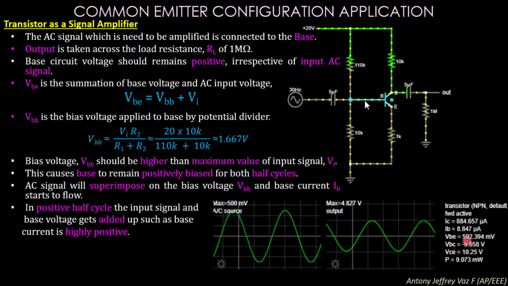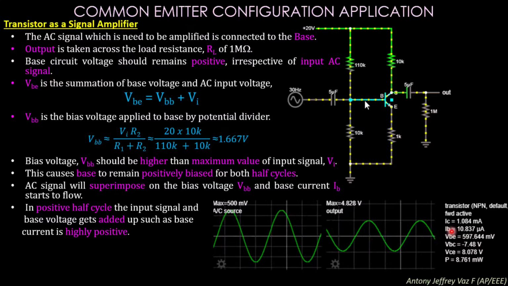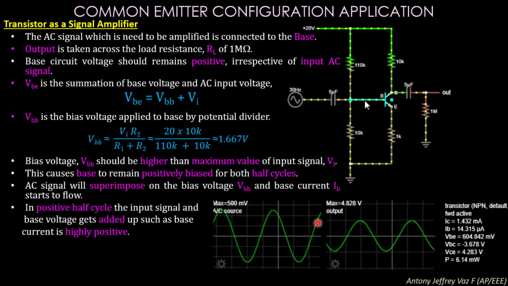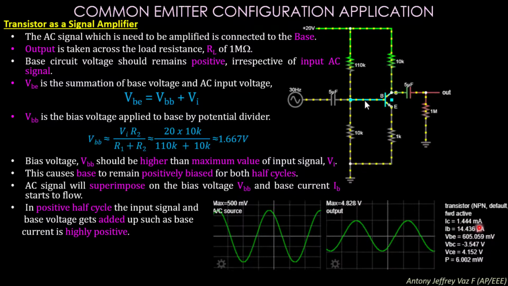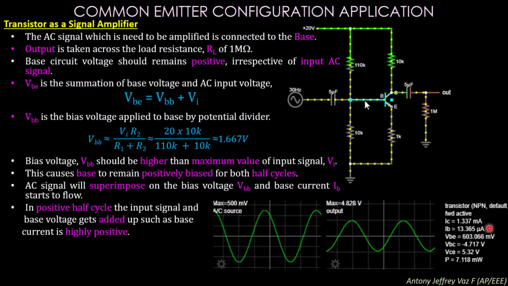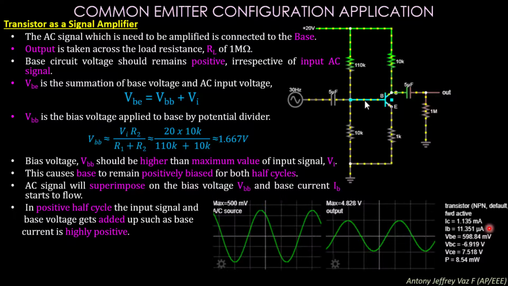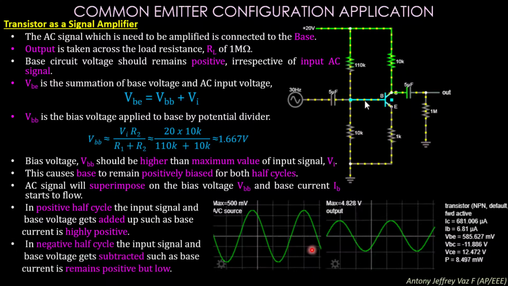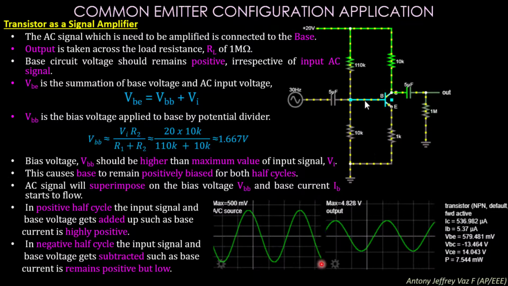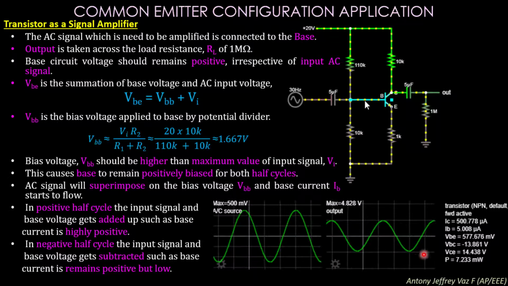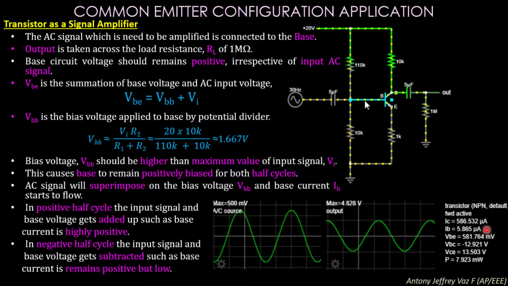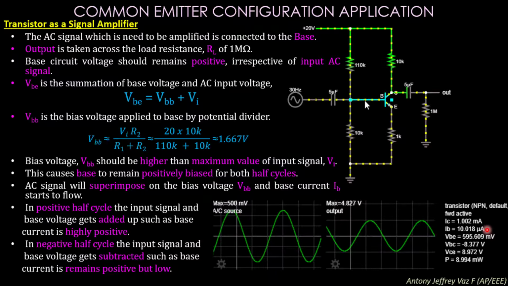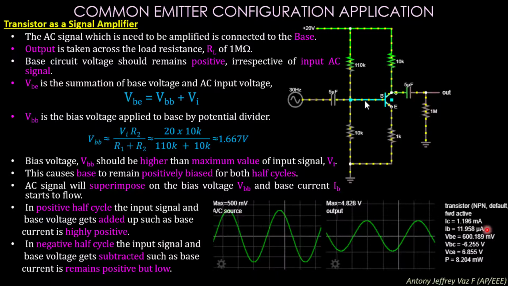Okay, so you can see here the base current. You may see the sine wave is approaching higher. At this time, the base current is highly positive, about 14 microamperes when it reaches the peak. Similarly, in the negative half cycle, when it is negative, you may see it is less positive and it has a base current of 5 microamperes.